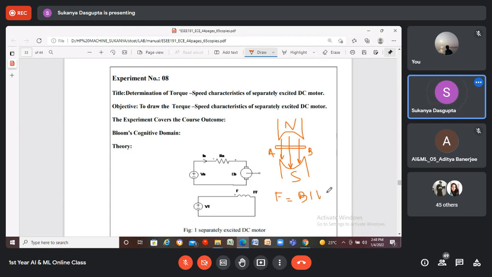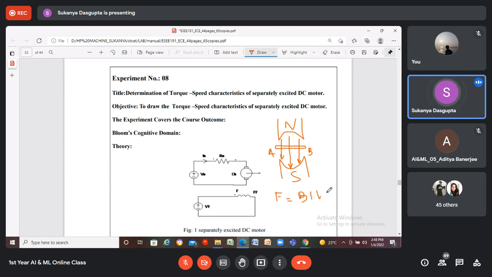So either the armature voltage or the field current, these two are the responsible parameters for the control of speed of the DC motor. And why is this speed control required? Why do we need to study the speed torque characteristic curve?